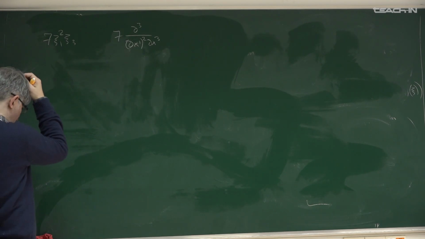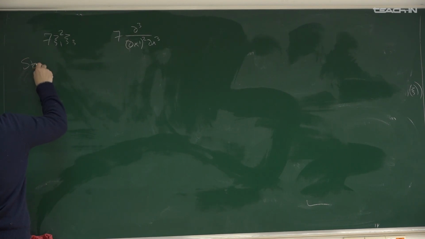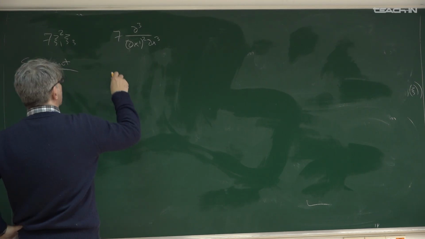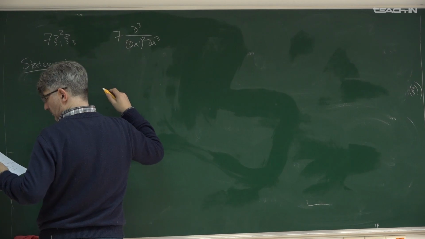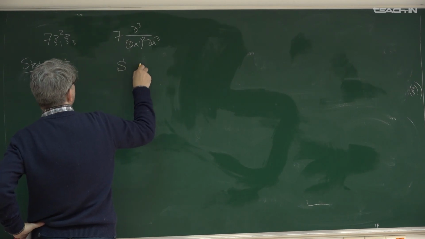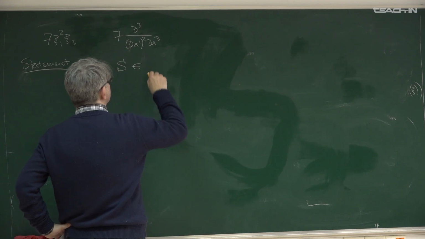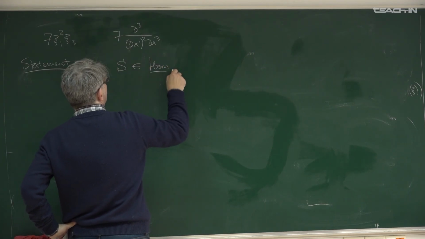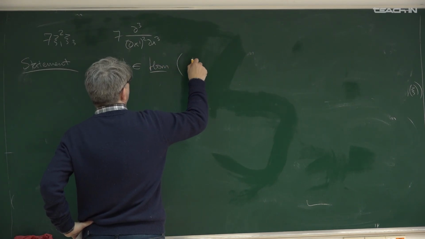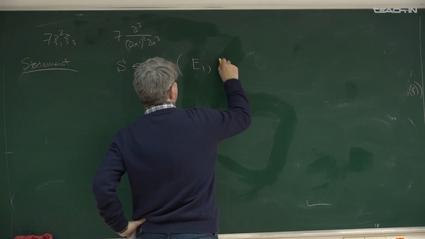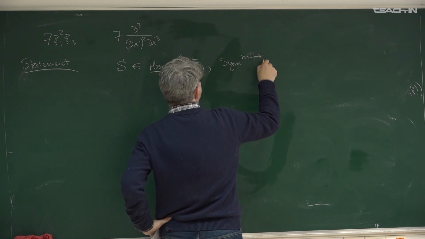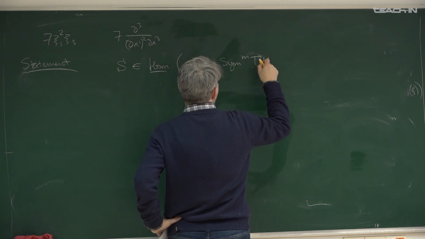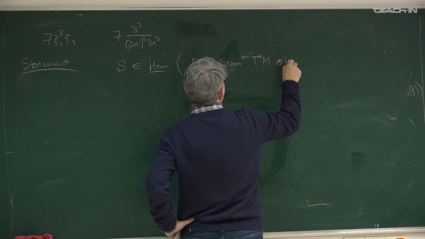But in general situation, let me write the following statement. So assume we have a symbol. What is the notation? S belongs to Hom from one vector bundle to symmetric power of cotangent bundle to the base manifold tensor E2.